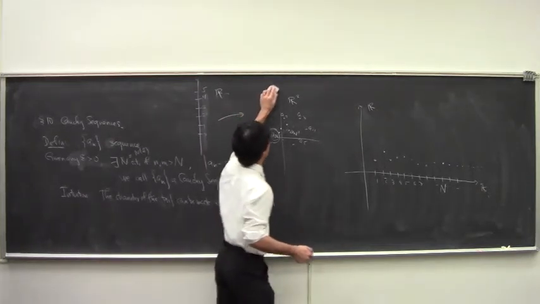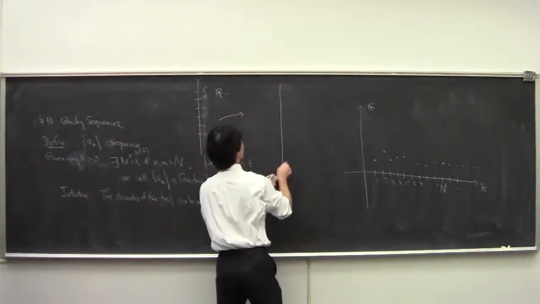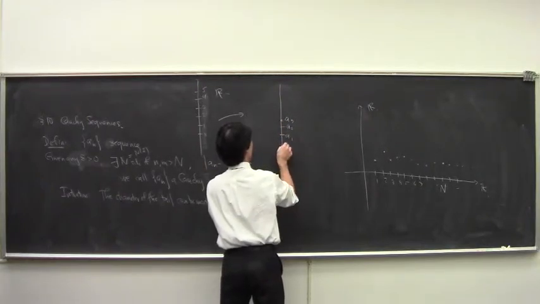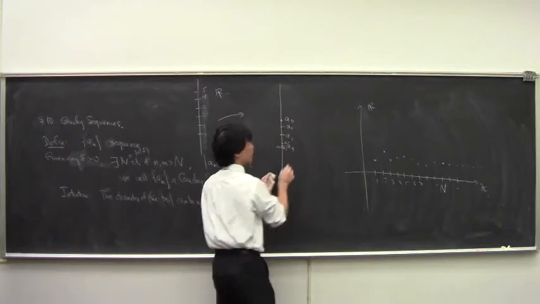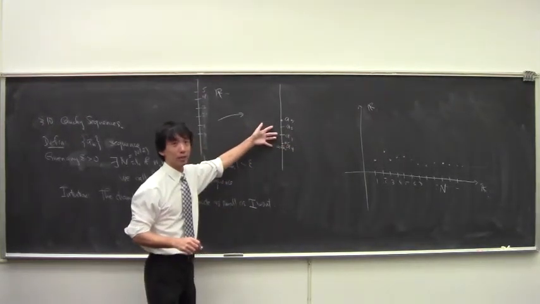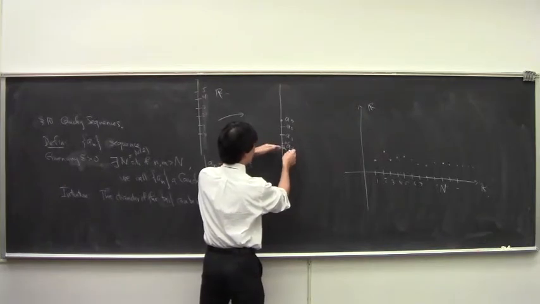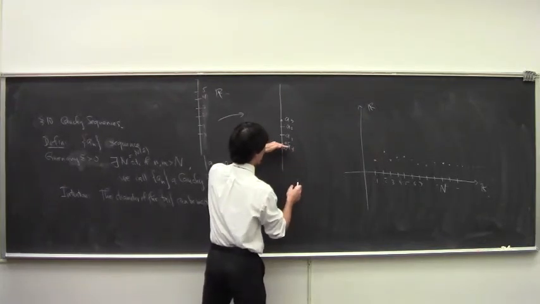I'll draw it in R1 if you want. So here's A1, say, A2, A3, A4, A5, A6, A7, etc. There's a bunch of points here. Given any epsilon, I can find a time past which all these guys are within epsilon of each other.